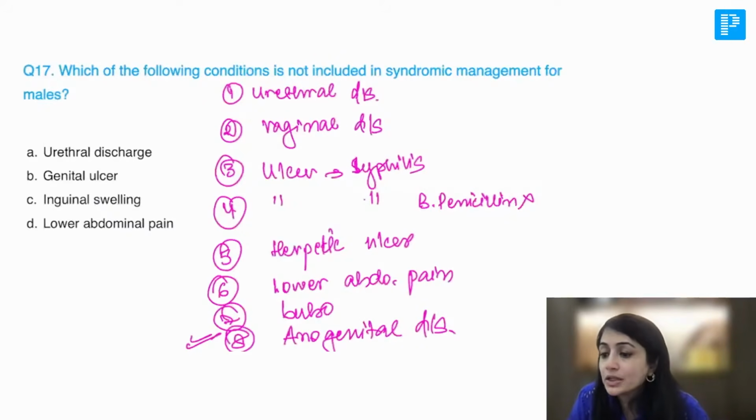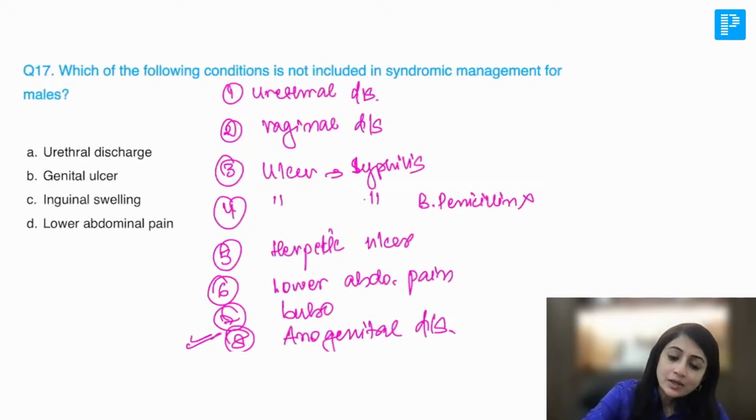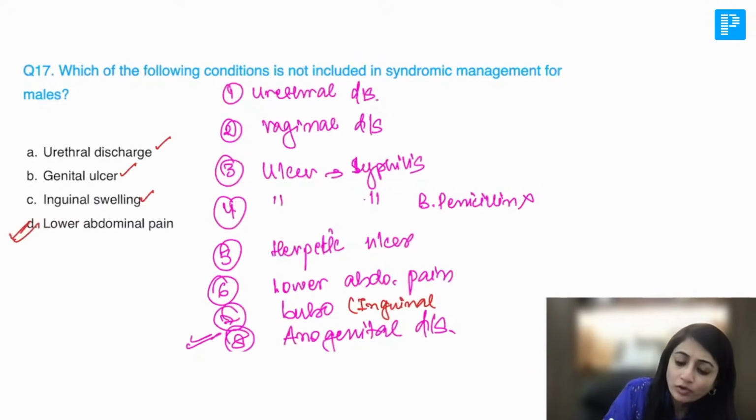Yes, I will repeat. Just give me 1 second. Let me finish this off. So, which is not included in syndromic management for males? Urethral discharge is, genital discharge is, inguinal swelling is same as bubo. So lower abdominal pain is not included for males, because lower abdominal pain is a feature of pelvic inflammatory disease, which you see in females, not males.